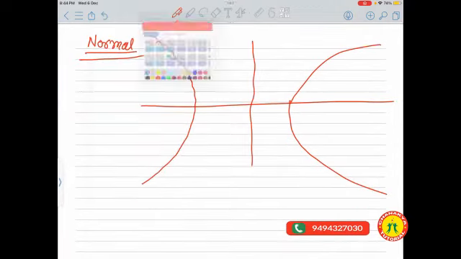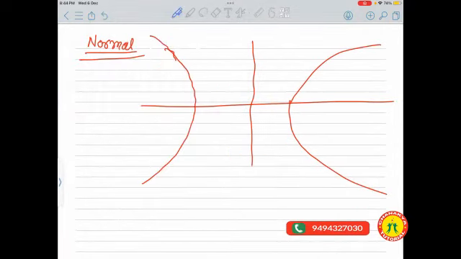So we know that normal is always perpendicular to the tangent. Let this be the tangent line. So normal will be a perpendicular line to the tangent. So this will be the normal. This line is normal.